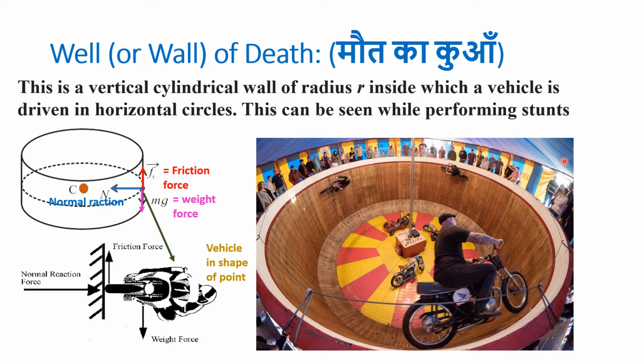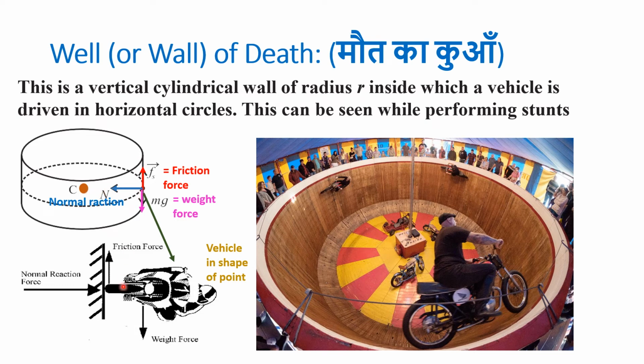Now let us find out a vertical section of this well of death. If you look at this figure, we find there are three forces acting in the well of death. The first one is the normal reaction on this vehicle. As this vehicle is perpendicular to the wall of death, the reaction is always acting towards the center of this circular path.